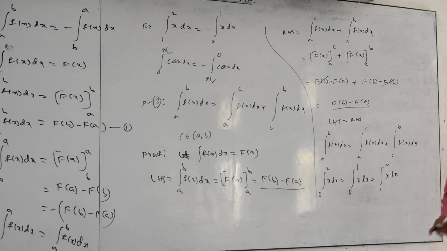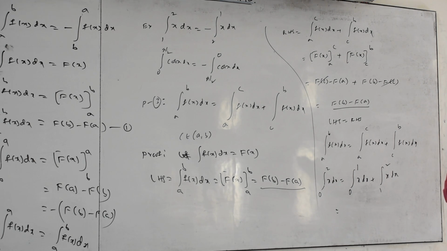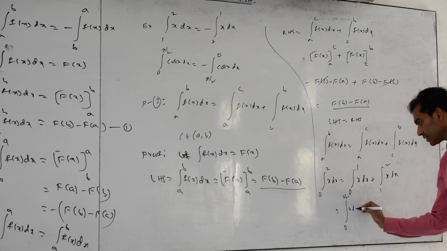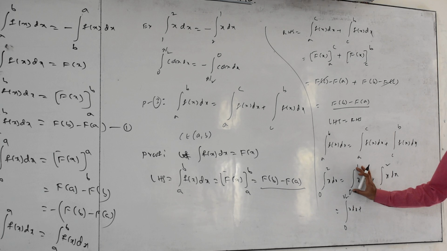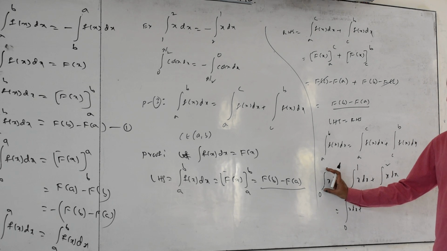Or we can write it like this also, taking intervals of equal length: 0 to 1 by 2 x dx. Length should be equal, meaning interval length should be equal. Here the interval length is 1, 2 minus 1. Here 2 minus 0 is 2, so this length is 2 units.